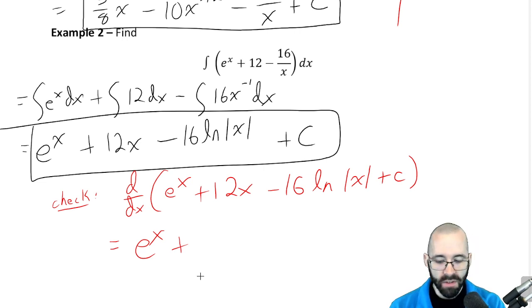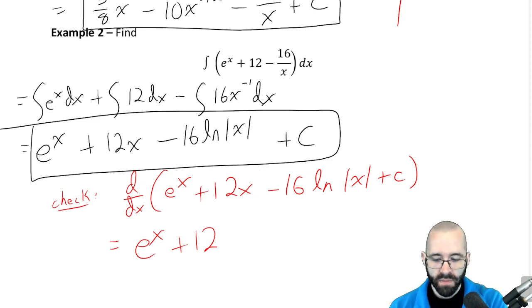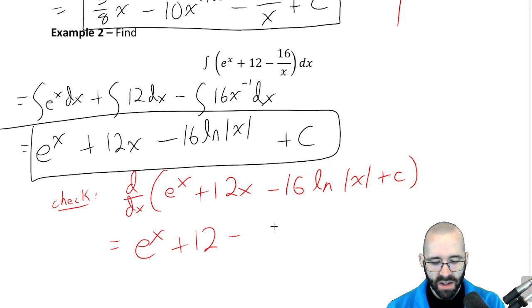The derivative of 12x is just 12, right? This is a line. What's the slope of a line? 12 in this case. And then we didn't really talk about the absolute values, so that one's a little weird. It will turn out that this is 16 over x. And then again, the derivative of a constant is 0.